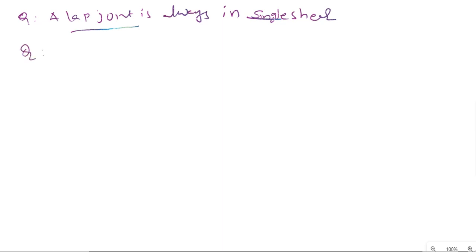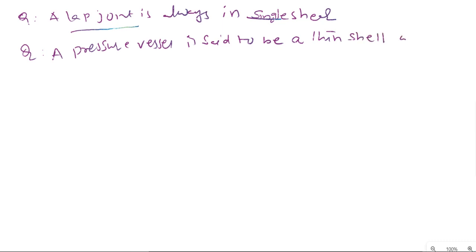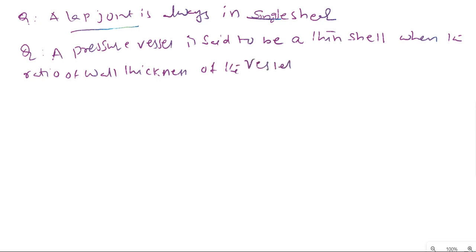And second question: a pressure vessel is said to be a thin shell when the ratio of wall thickness of the vessel to its diameter is always less than 1/10.